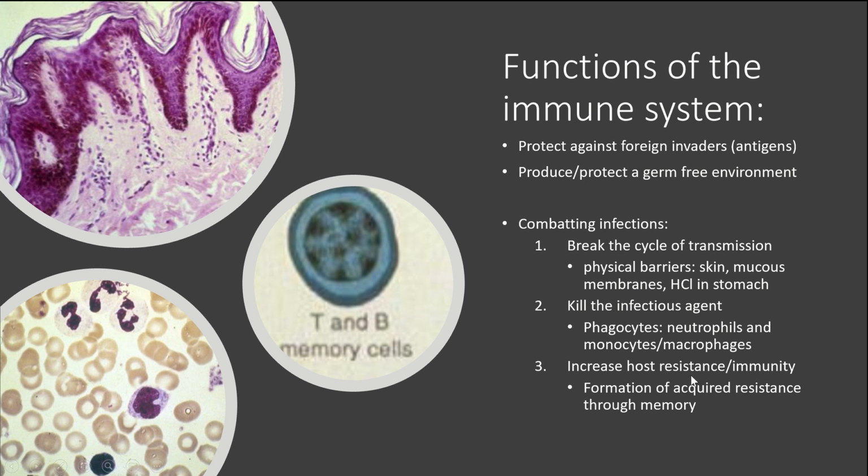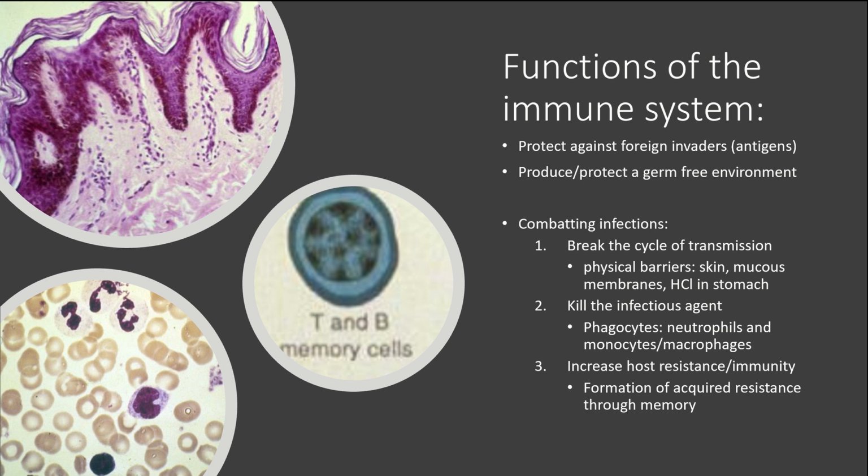And then remember, and we'll see in a second, that these lymphocytes, these T and B cells, can form memory T and B cells. And so what that means is the next time you're invaded with that exact same pathogen or antigen, your lymphocytes will remember it. They'll say, hey, I've seen this dude before, I am ready to go.